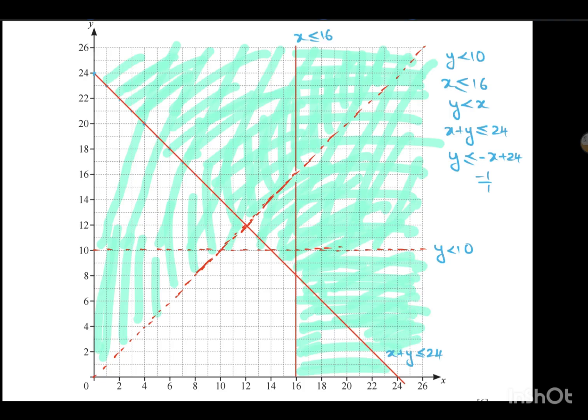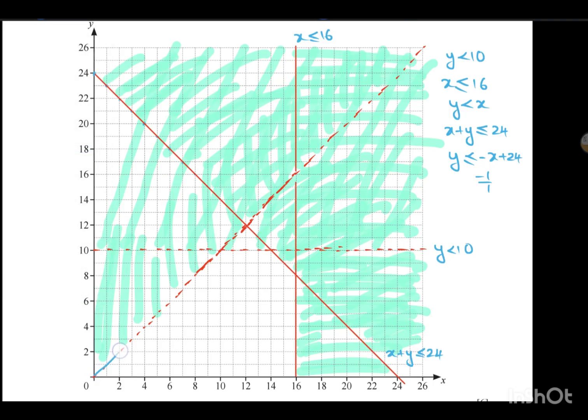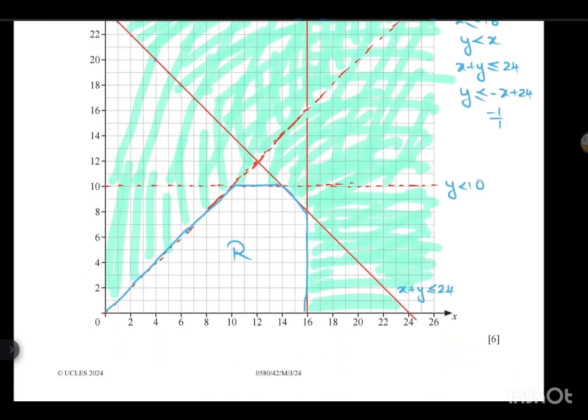This is the above region. So let me highlight the region which we needed. So I'll draw this. This one is the region R. This is question number B done.